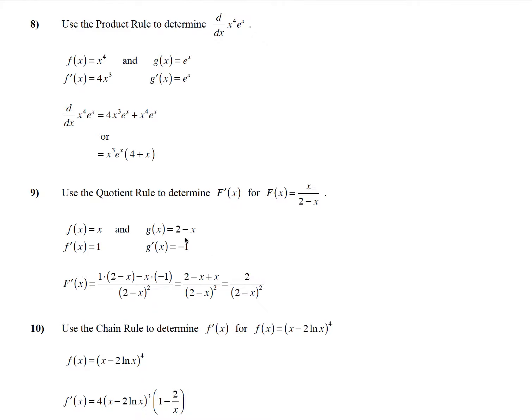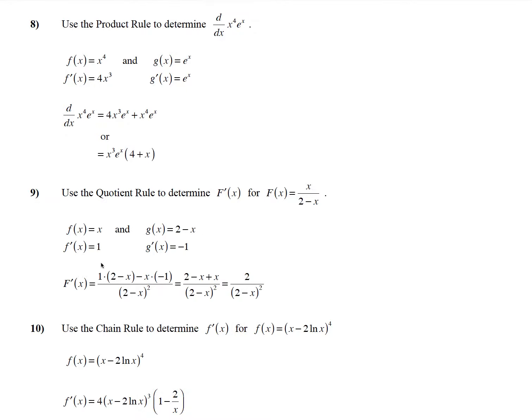In differentiating the g of x, the 2 is a constant and vanishes, and the derivative of negative x is just negative 1, and so now we substitute these four expressions into the rule, which is f prime g minus f g prime.